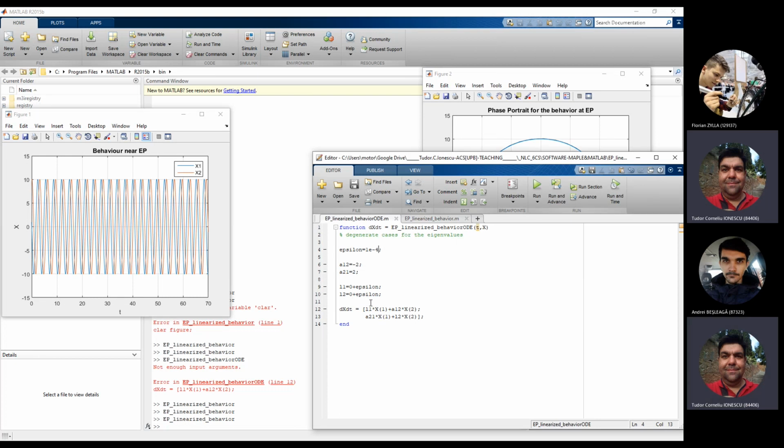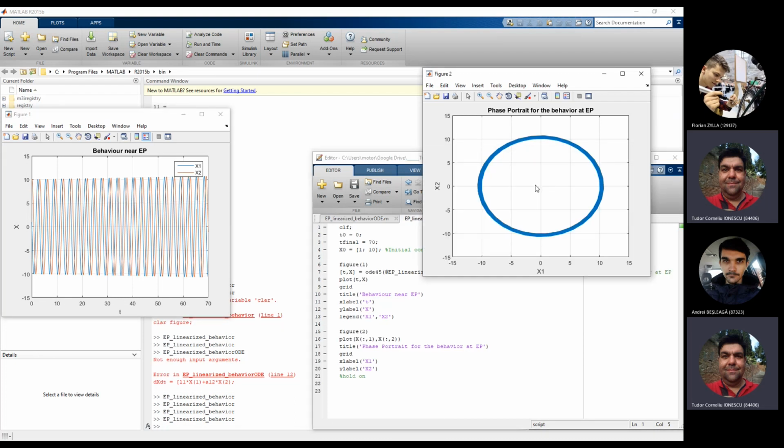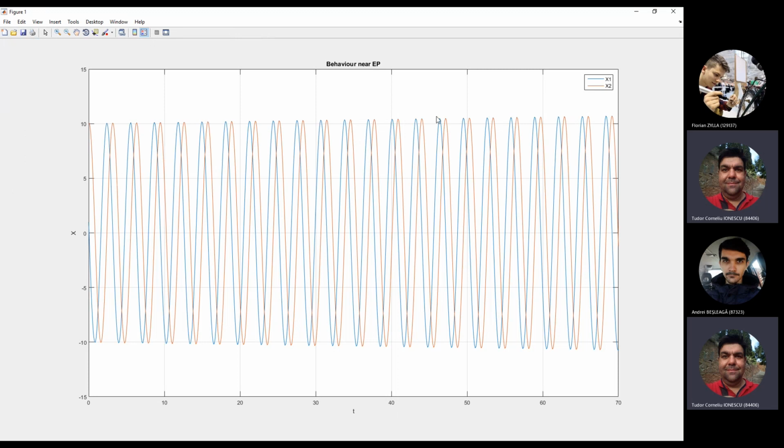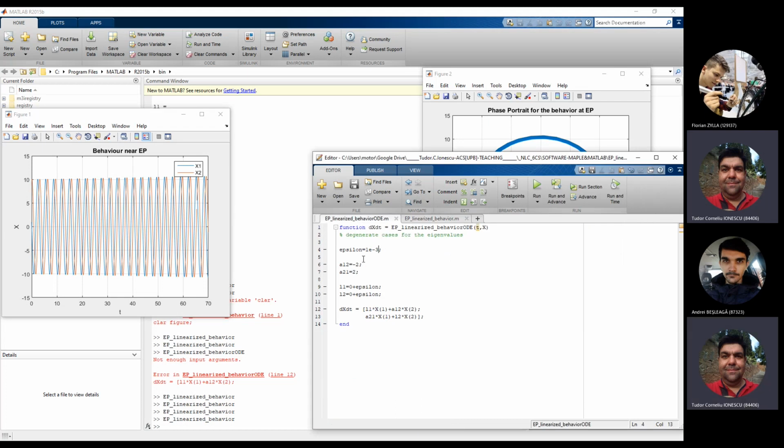Epsilon. This. Save. Run. You see? It's changing. Look. The amplitude of the oscillation is growing. You see that? So this is not stable because this perturbation is changing this into an unstable focus. Okay, let's do it with a minus, because stable is much nicer, right?